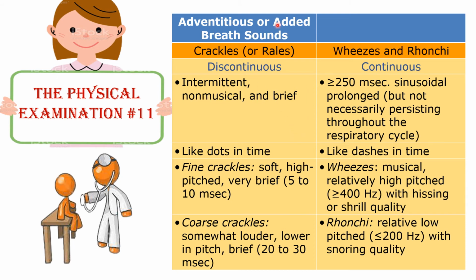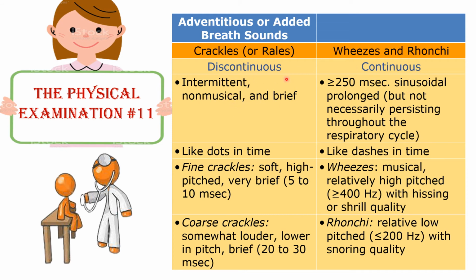Detection of adventitious sounds like crackles, which we sometimes call rales, wheezes, and rhonchi, is a very important part of your examination, because it often leads to the diagnosis of cardiac and pulmonary conditions. The most common kinds of these sounds are described in this table. So we have here crackles versus wheezes and rhonchi.